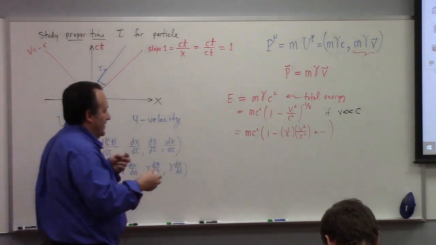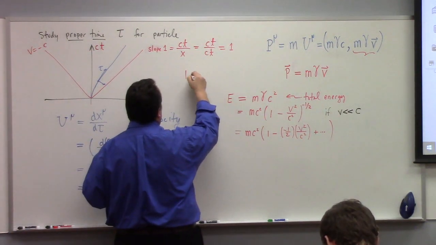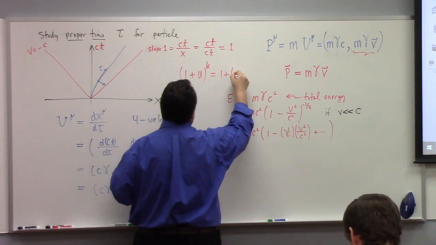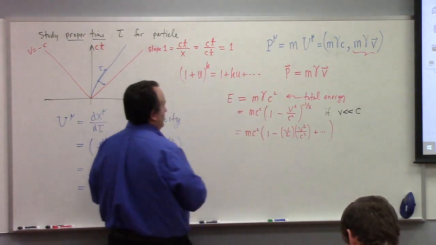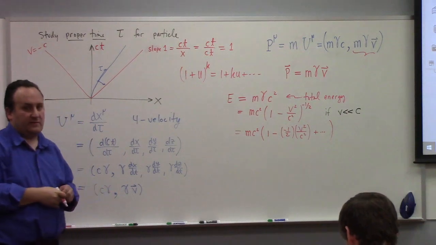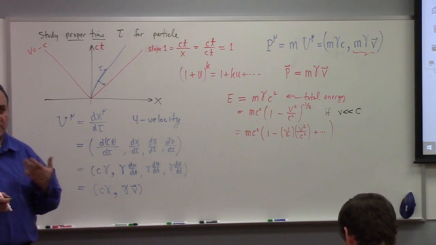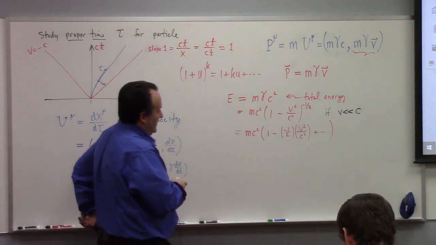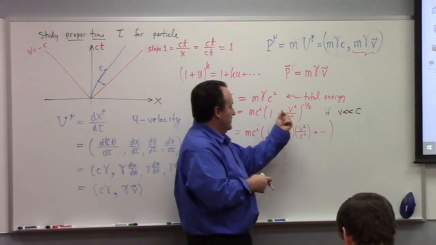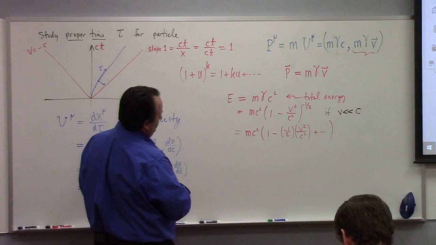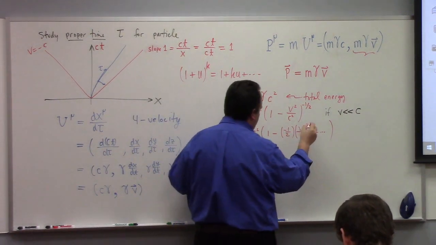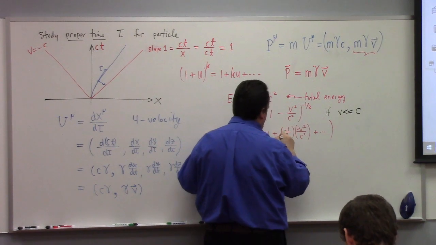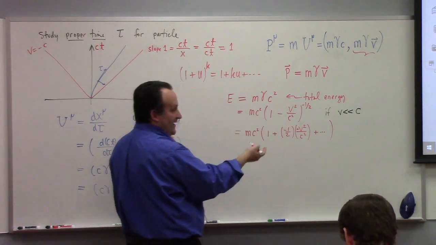The binomial expansion I'm using is just this: if you have 1 plus u to the k power, it's equal to 1 plus ku plus stuff. This is the binomial series, first two terms. In this case, I'm just using k equals minus 1/2, and my u is minus v squared over c squared, so I'll put the plus out here. There are two minuses, and they cancel.